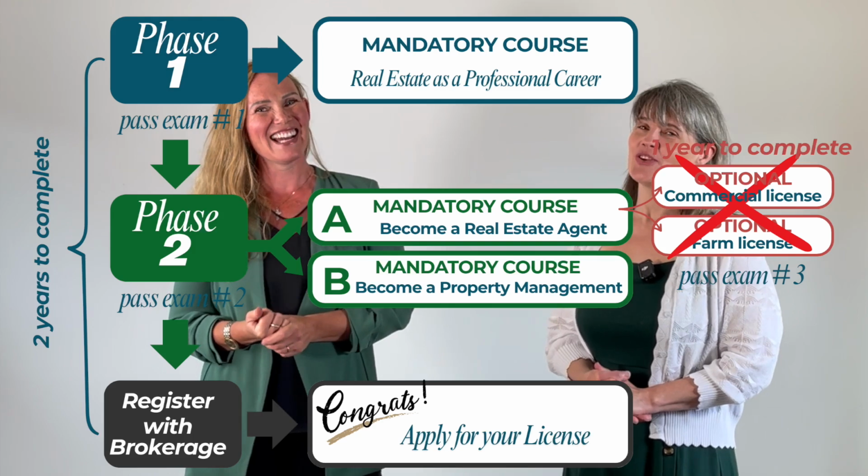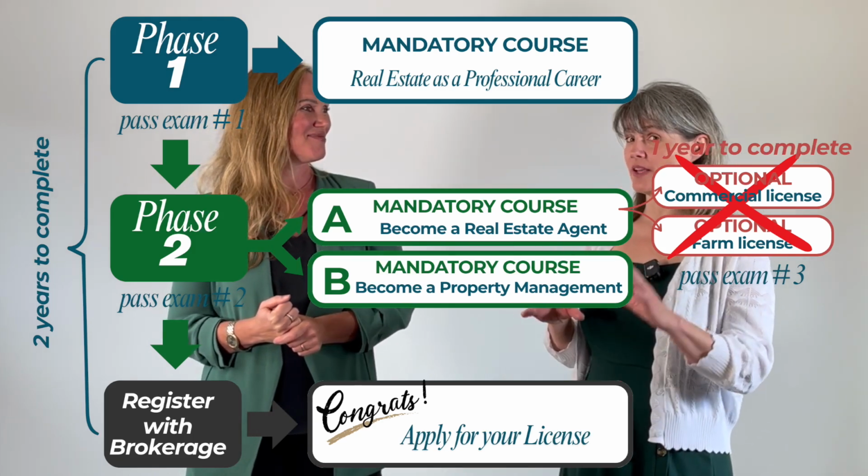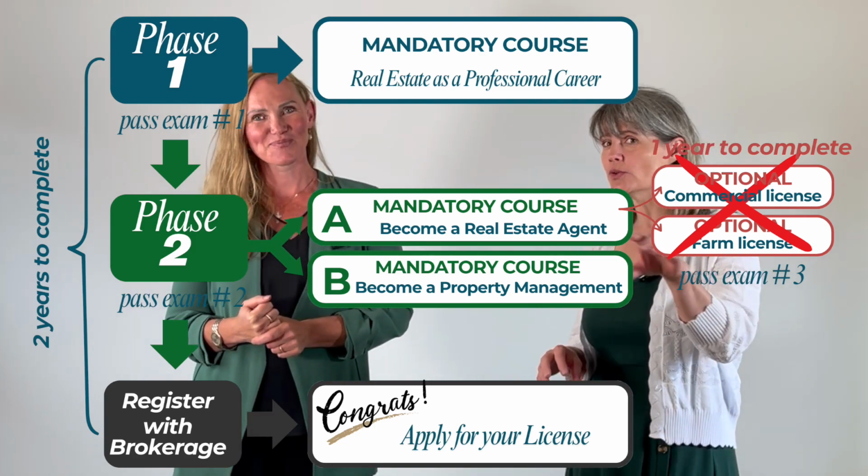No. You can't add commercial or farm real estate onto property management because it's completely different. You didn't learn the basic residential real estate in phase 2. So if you want to get your property management license and then you decide you want to get any of the other licenses, you have to go back to that residential real estate phase 2. Take that one, and then you can do residential real estate and property management, and then you can add farm or commercial.